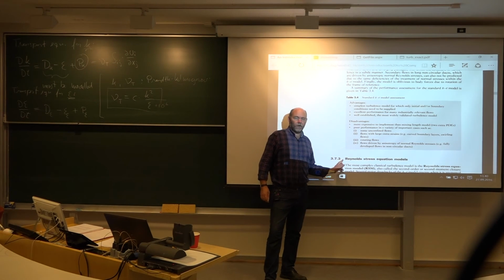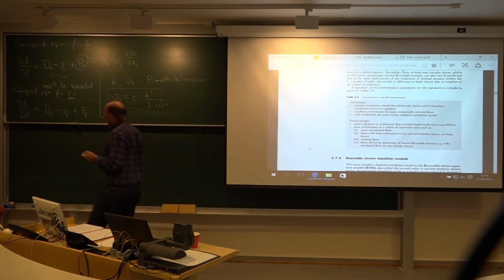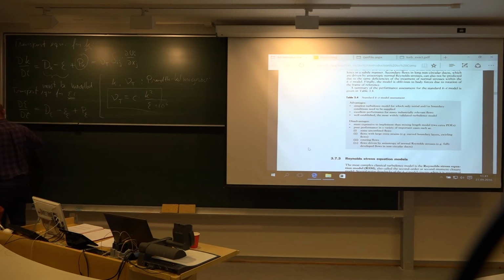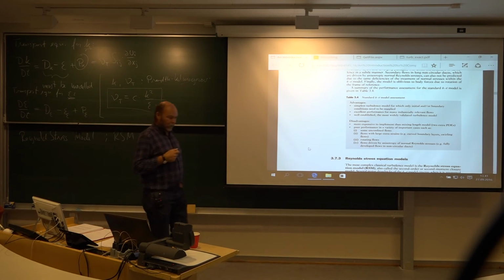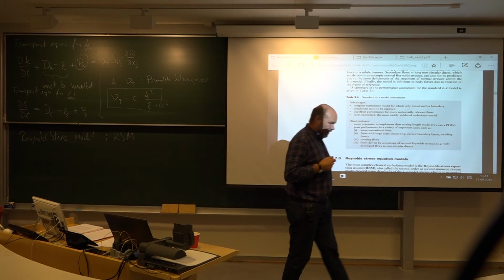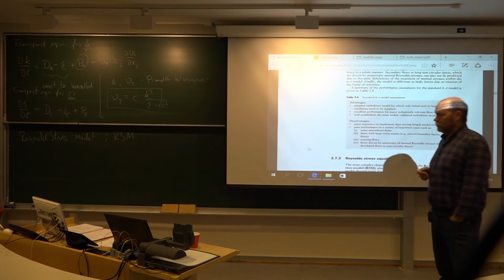This is the most advanced level, at least that you will hear about, in this RANS family: a full Reynolds stress model, RSM. Now be careful, because I know a lot of commercial codes claim they are using an RSM model and they are lying, they are not.